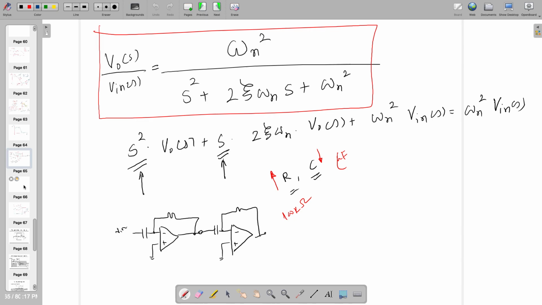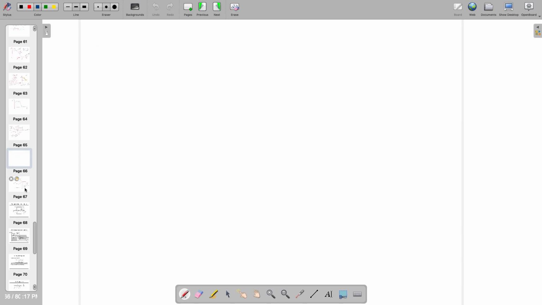So in that case, I'm going to solve some equations for Butterworth, to show how Butterworth will look. So the Butterworth filter will have the following transfer function.